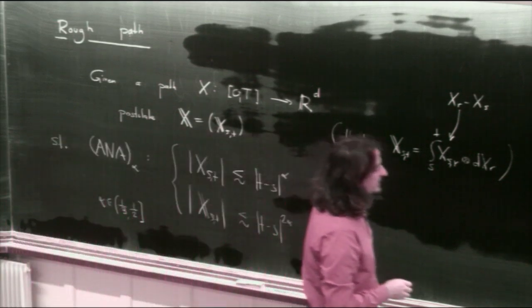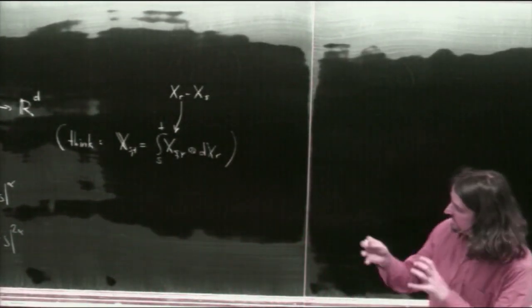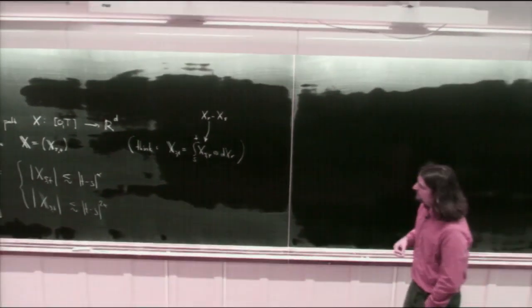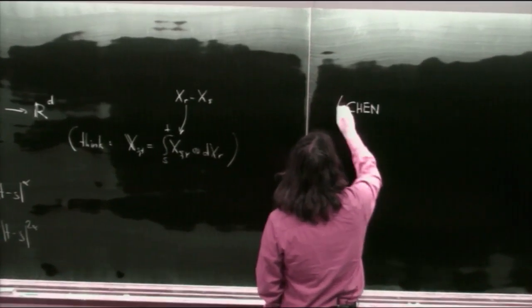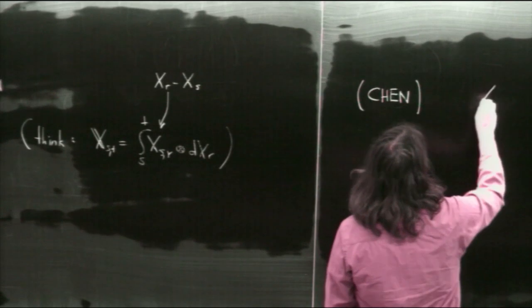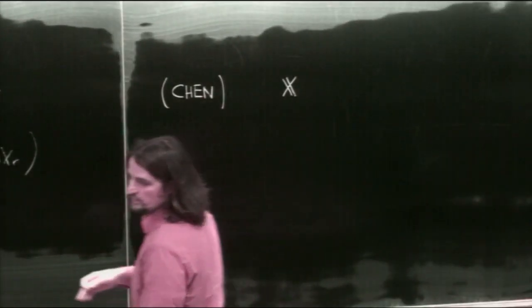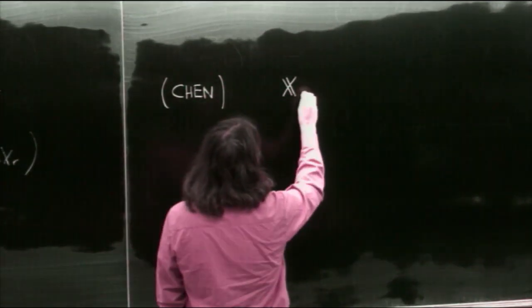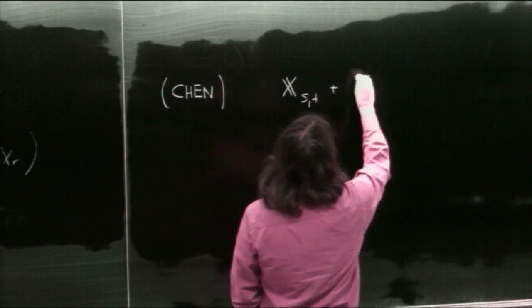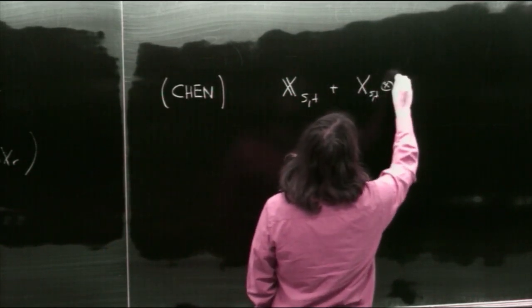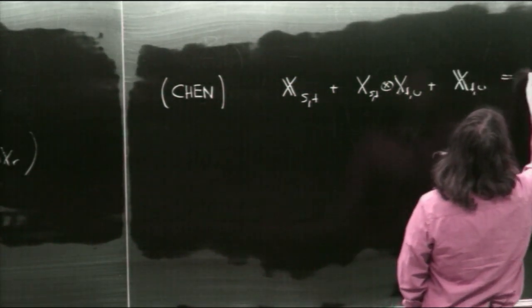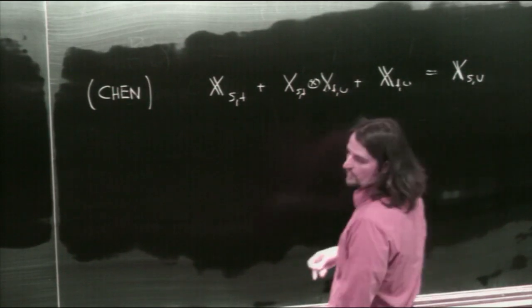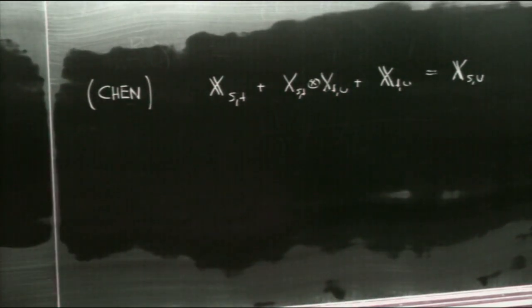This is the analytic condition, and then there's the algebraic condition that ties these x and bold x together. And the first one is this Chen condition. Basically it's, if you look at three times s, t, and u, this is how you batch together these higher order increments.